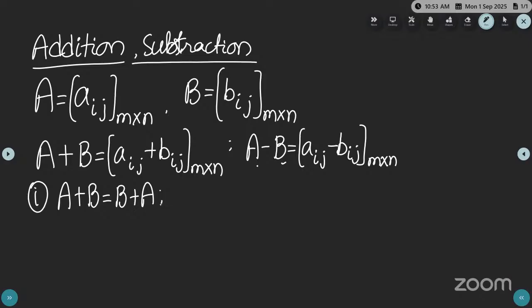This is called the commutative property. Addition of matrices is commutative.